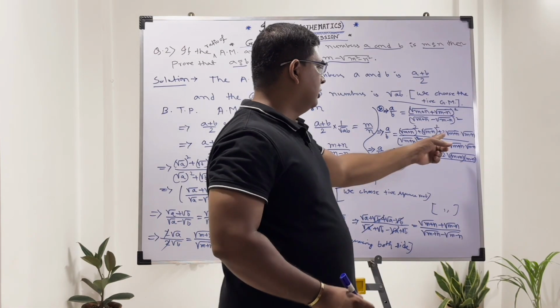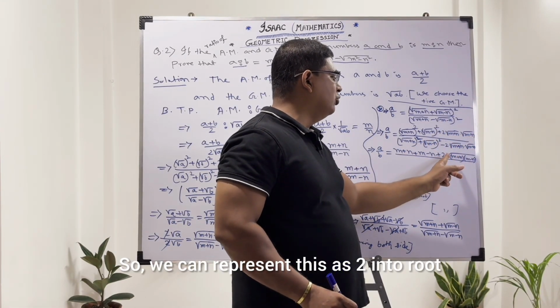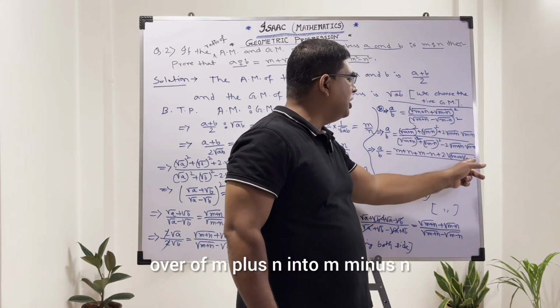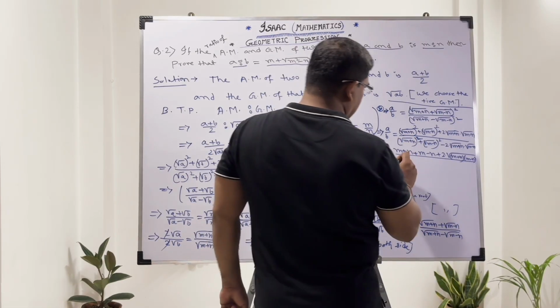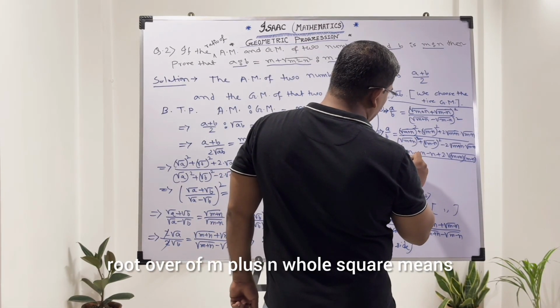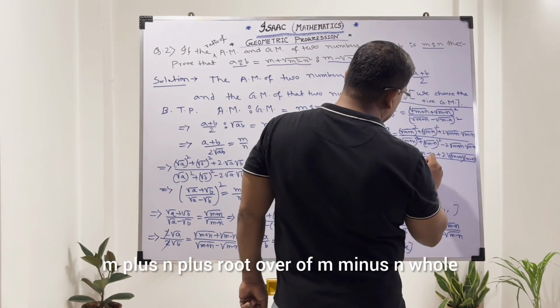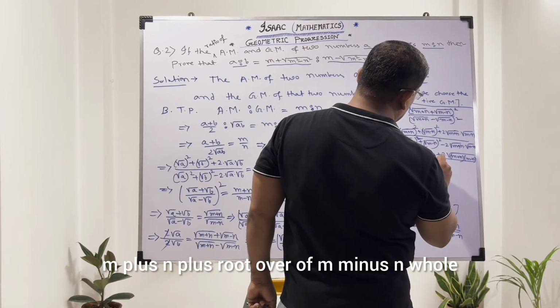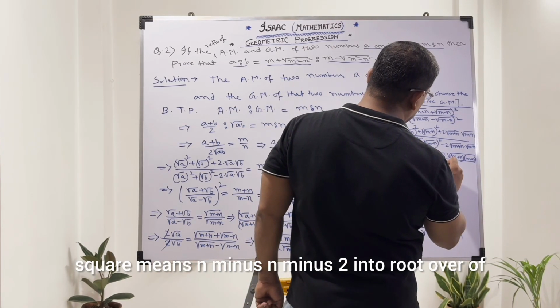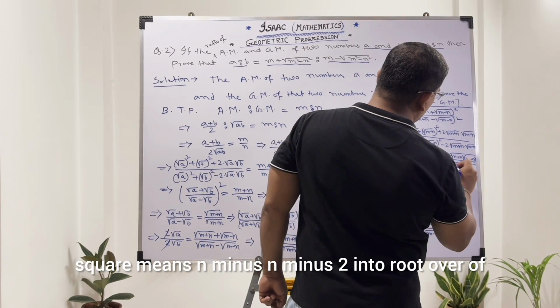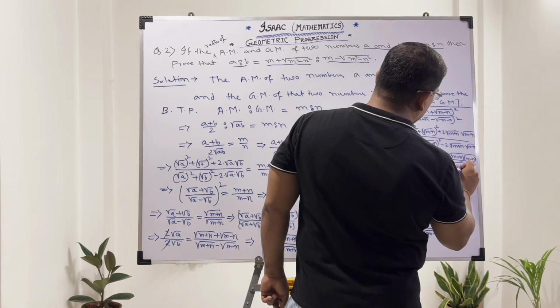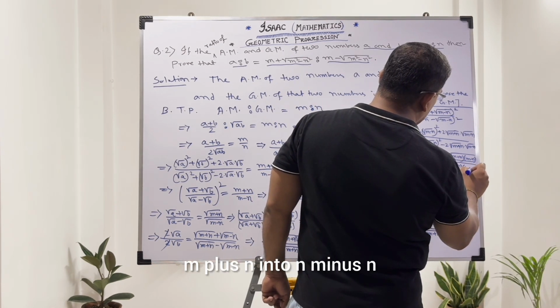So we can represent this as 2 into root of (m plus n)(m minus n). In the denominator, root of (m plus n) whole square means m plus n, plus root of (m minus n) whole square means m minus n, minus 2 into root of (m plus n)(m minus n).